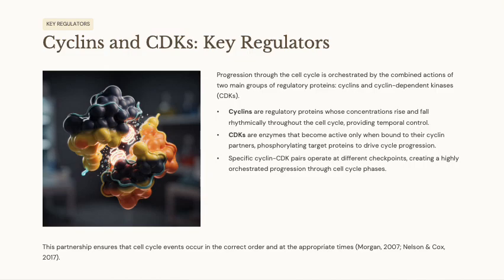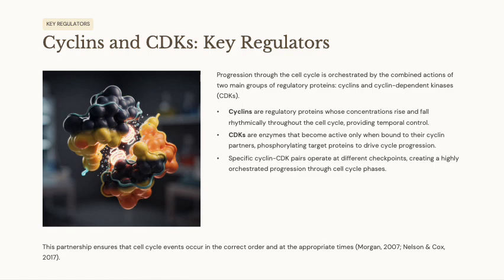As we move on, let's talk about the cyclins and CDKs, the master controllers. Progression through the cell cycle is driven by two key groups of regulatory proteins, cyclins and cyclin-dependent kinases, or CDKs. Cyclins are regulatory proteins whose concentrations rise and fall during specific phases of the cell cycle.